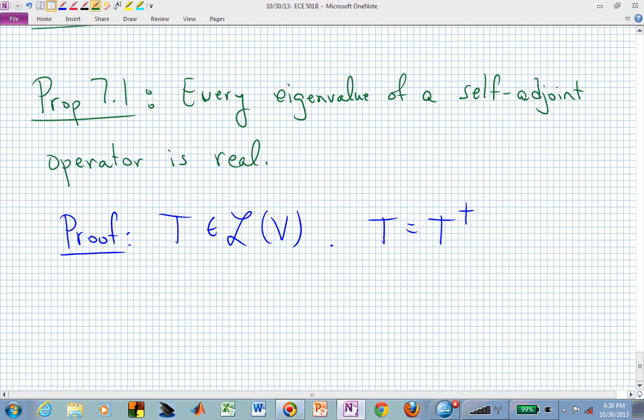Next, let's assign some values: suppose we have the following eigenvalue-eigenvector relationship for the linear map T. Lambda and v are the eigenvalue and eigenvector of this linear map T.